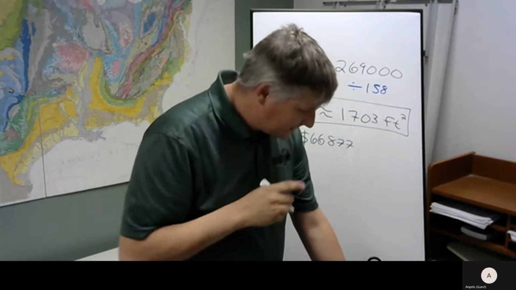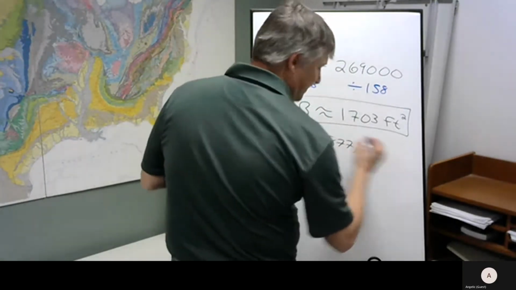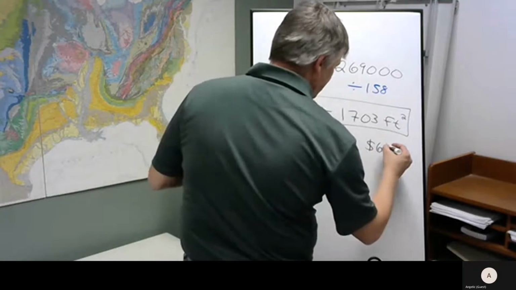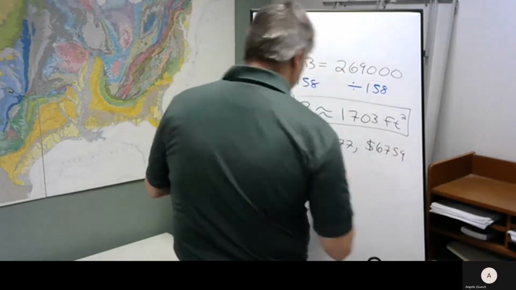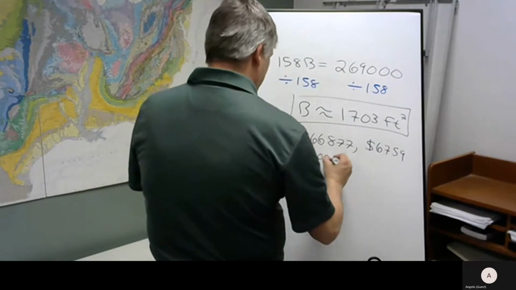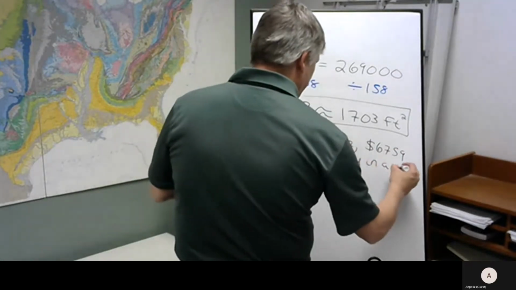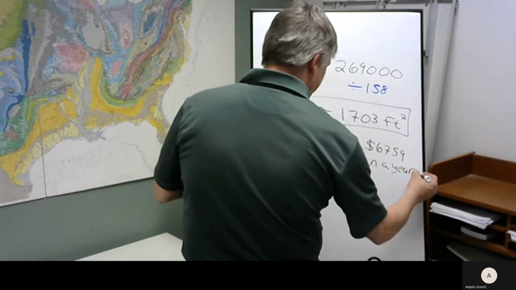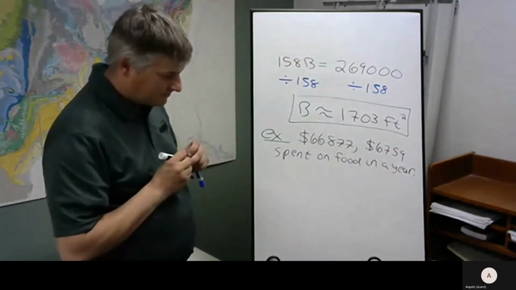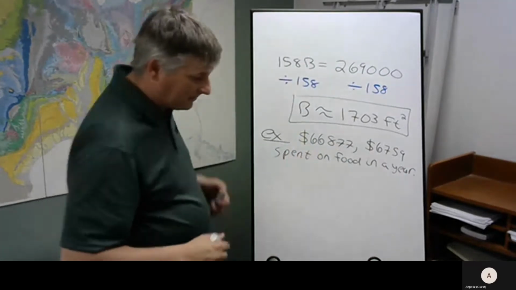And of this income, $6,759 spent on food in a year. So what is the percent?